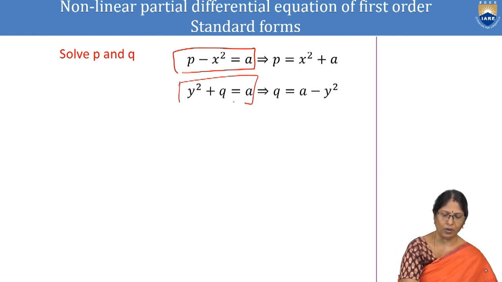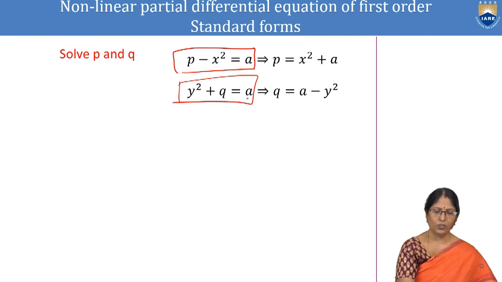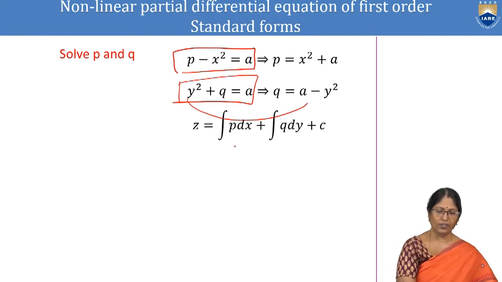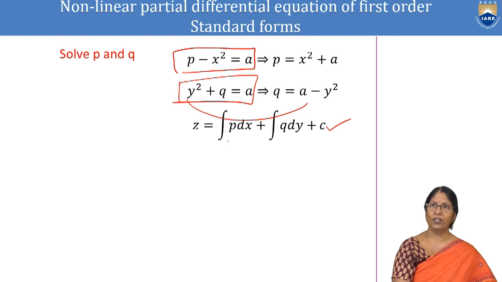This is according to our problem, from which we got what q is. So q equals a minus y square. This is the step to be followed for standard form 3: z equal to integral p dx plus integral q dy plus c.